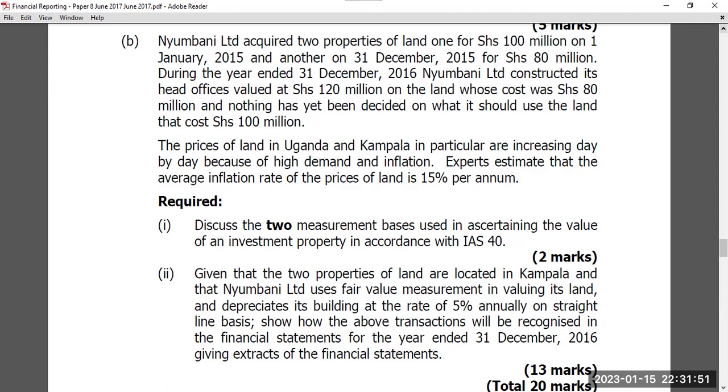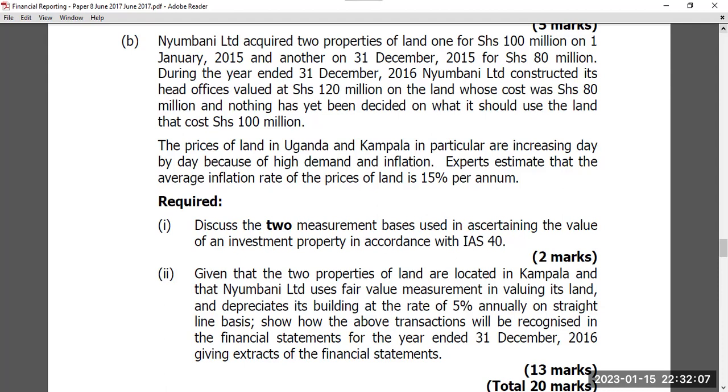We are going to be using the revaluation model when you're accounting for the other assets that fall under property, plant and equipment.